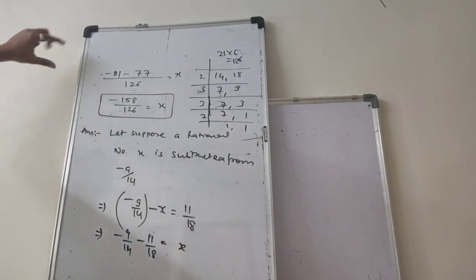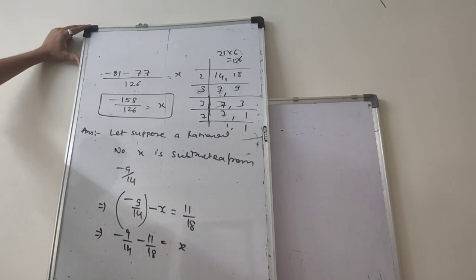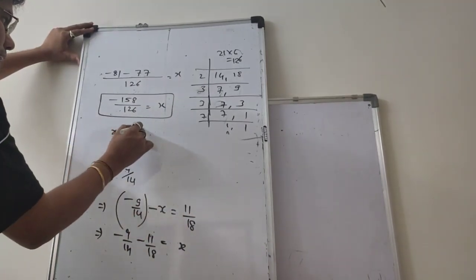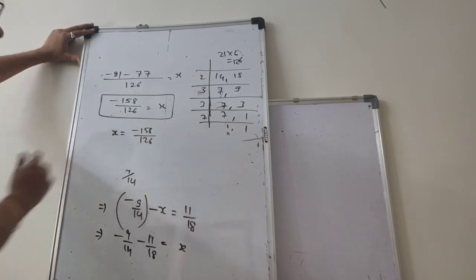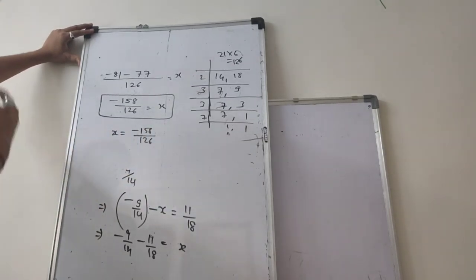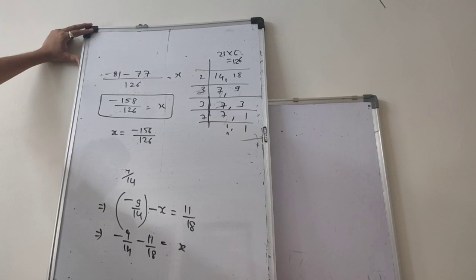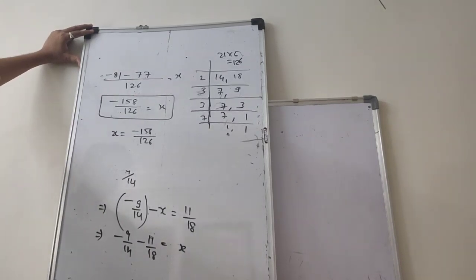Now we can simplify this number in the lowest form. तो x की वैल्यू को और सिंप्लीफाई हम कर सकते हैं. x is equals to minus 158 by 126. If you divide this by 14 से नहीं, 7 से हो जाएगा. 7 से भी नहीं होगा.